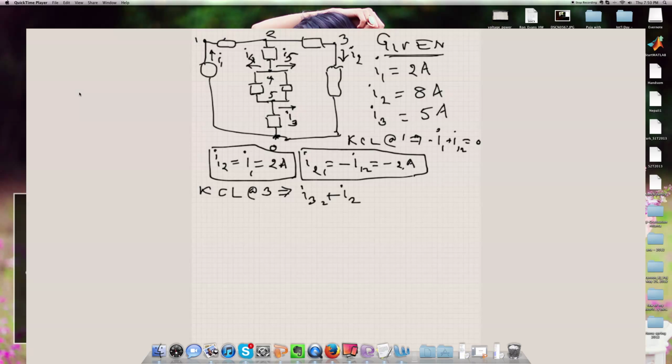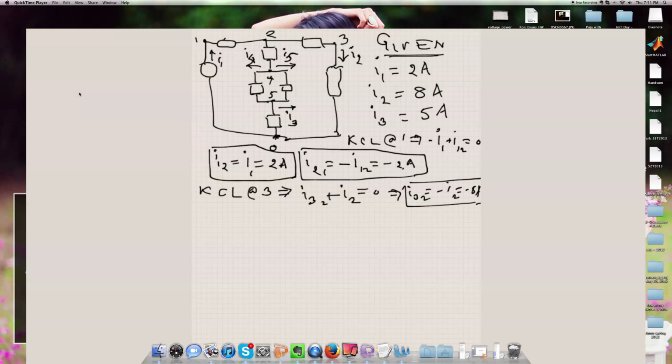So I32 plus I2 equals 0. Now, what is I2? I2 is given as 8. Therefore, this expression implies I32, which we have to determine, is found as minus I2. And I2 is 8 amps, so that's going to be minus 8 amp. So that's determined. We might put a box around this to highlight our answer, so that's a done deal.